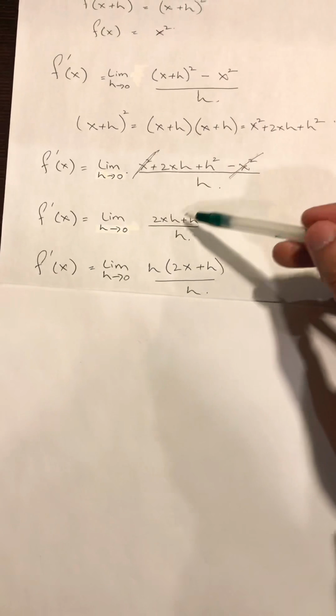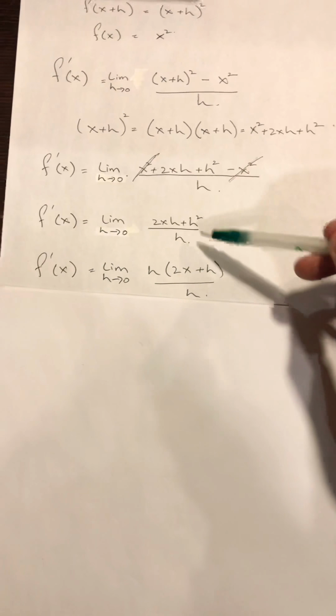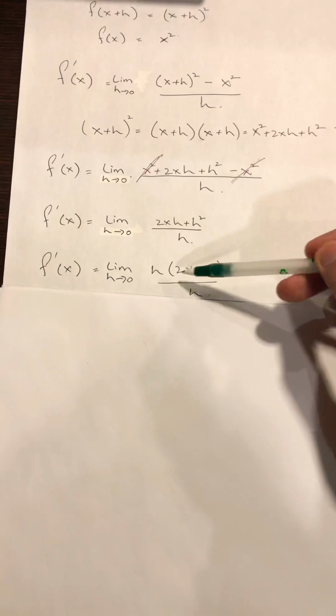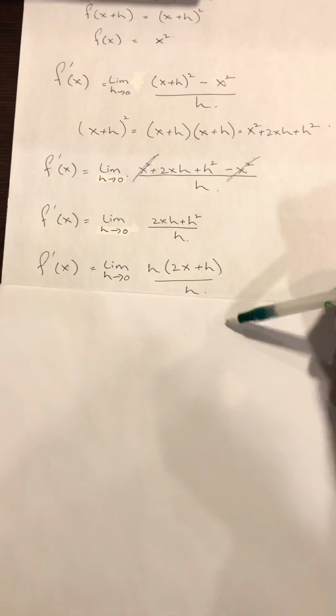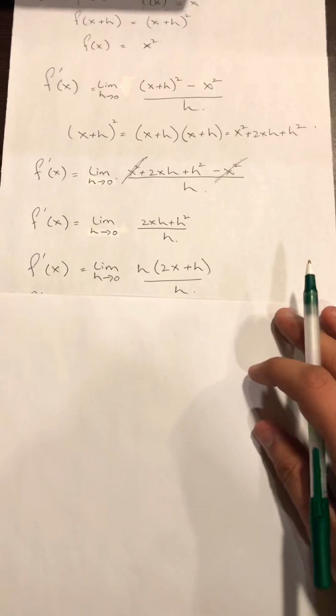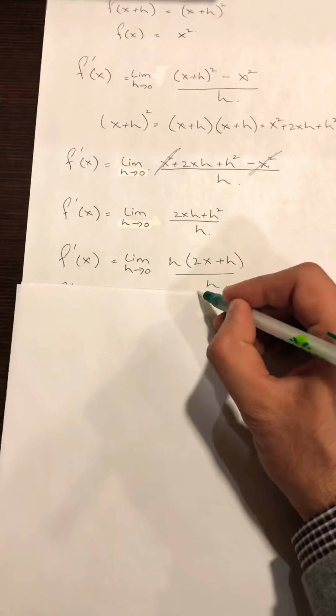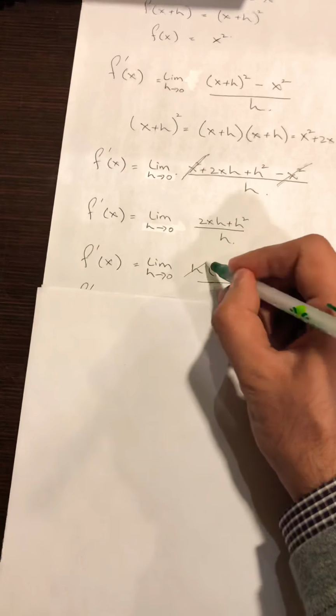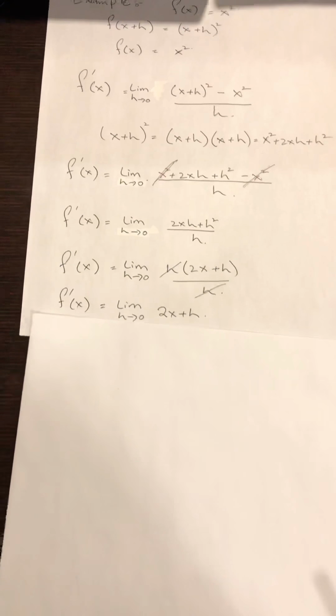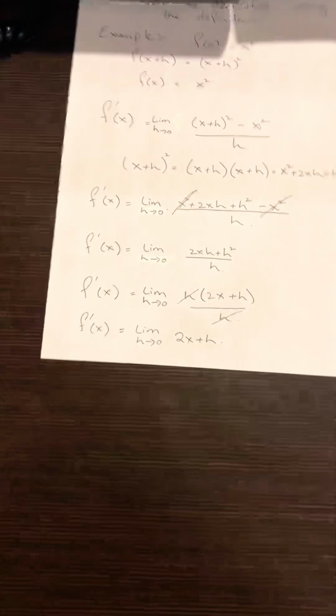We took the h common out of here, and we got h times 2x plus h, all over h. So we can cancel this h by this h, right? So we'll be left with something like this.